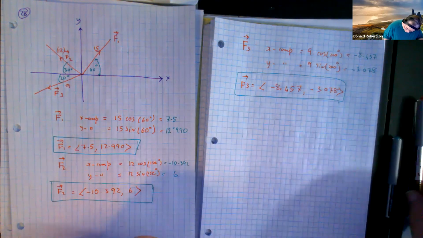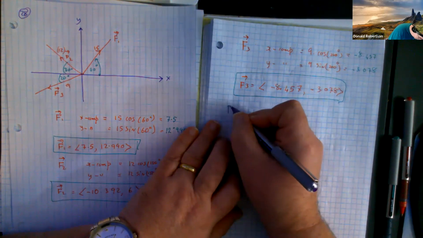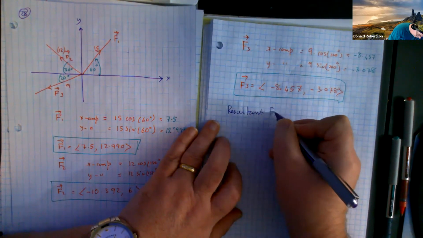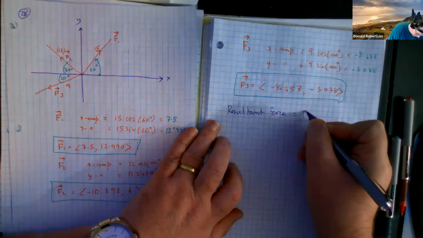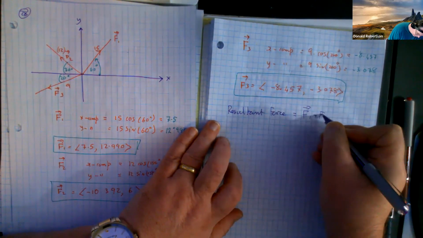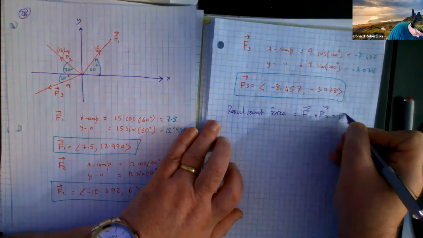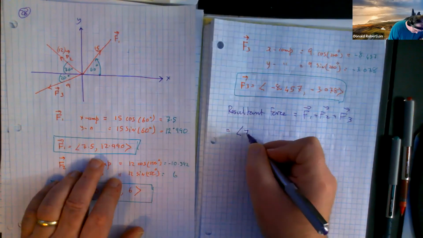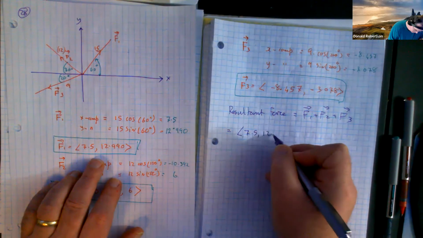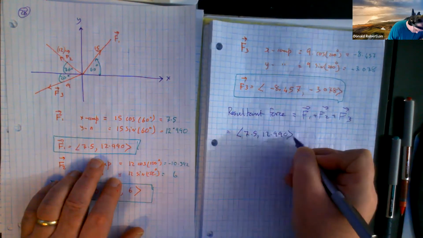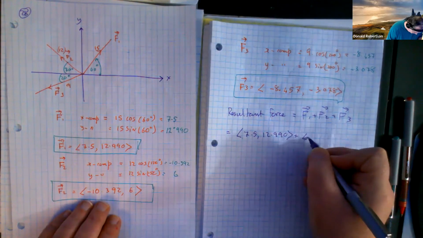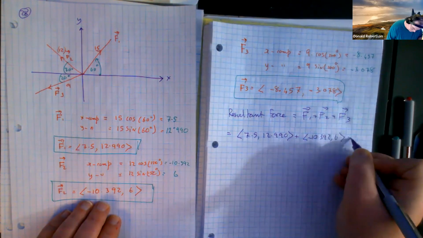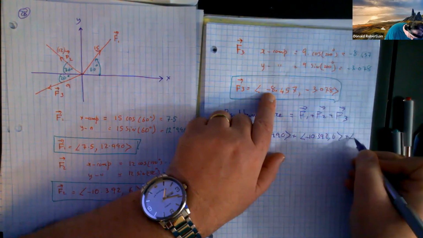Now you want to find the resultant force. You just add them all together. So it's going to be this fella plus this fella plus this fella, which I don't have room for.